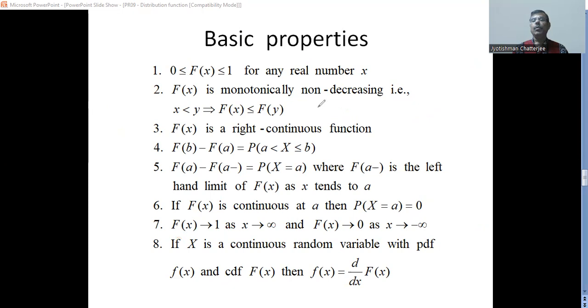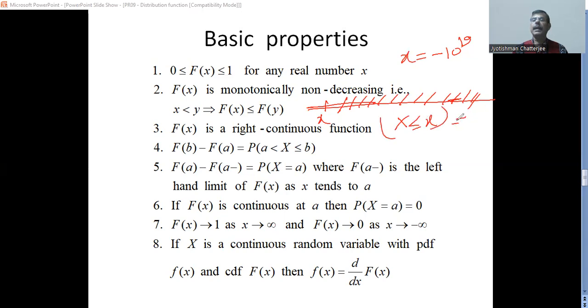Similarly, when you let small x become a very small number, something like small x equal to minus 10 to the power 19, your capital X values will almost always lie on the right-hand side of small x. So in other words, this event becomes almost like a null set. It will never be satisfied. So the probability of this event will be equal to 0, or will be extremely small.